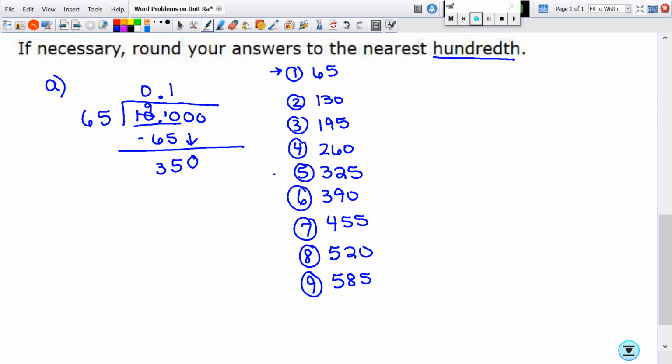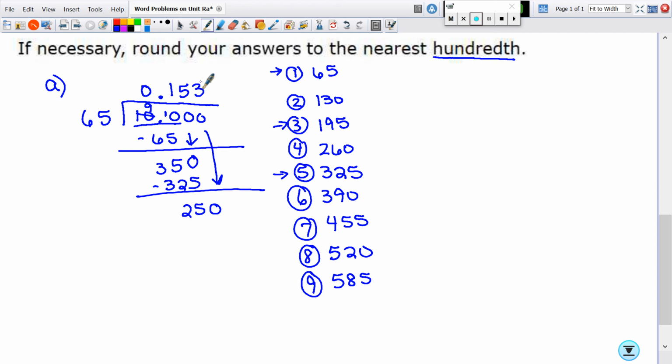390 is too big, so I'm going to do 5, and the number beside that goes underneath, 325. Well, 350 take away 325 is 25, and bring down the next number, which is 0. So 250 is the number I'm looking for. 260 is too big, so I'm going to use the 195, which is 3.